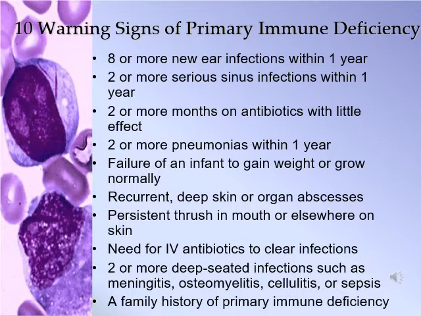A family history of primary immune deficiencies might lead someone to investigate that a little bit more as well. So basically, if you think of somebody who is immunocompromised and has more of those serious infections and tends to get sick more frequently, they may actually have an alteration of their own primary immune system.